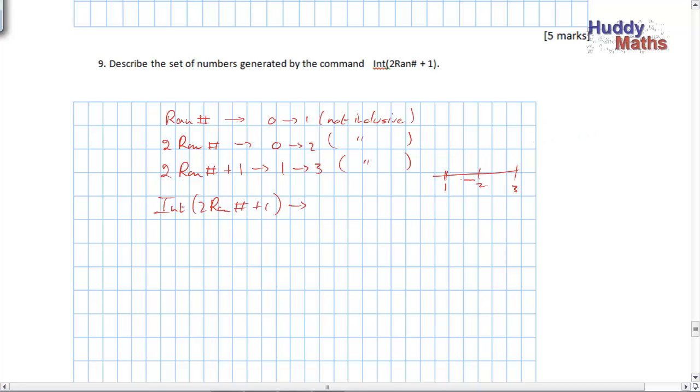So numbers up to 2 would be rounded down to 1, and numbers in the next set here would be rounded down to 2. So this is going to give us numbers 1 or 2, because any integer under 3 has to come back to 2. So here, 1 mark to get there, 1 mark to get there, so a total of 2.